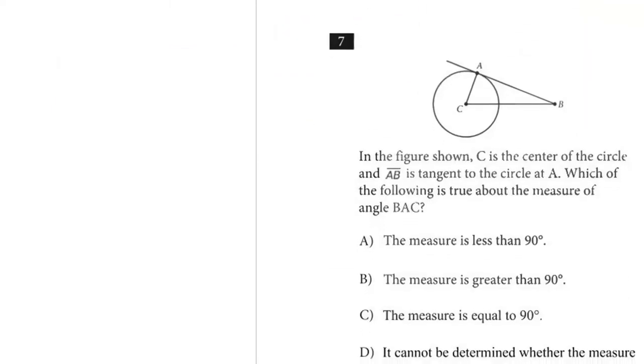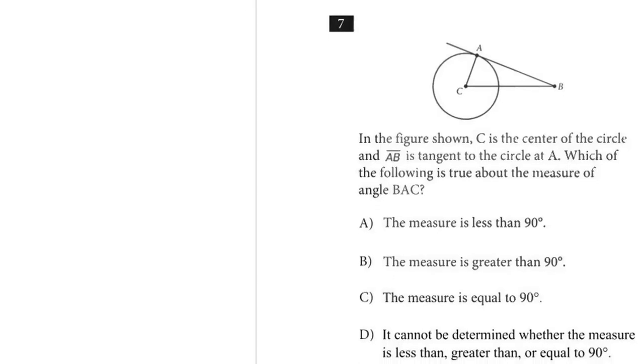Now we're going over to number 7. So they're asking us, what do we know about the angle BAC? And they use a critical word, which is the word tangent. If you're tangent to a circle, it means two things.